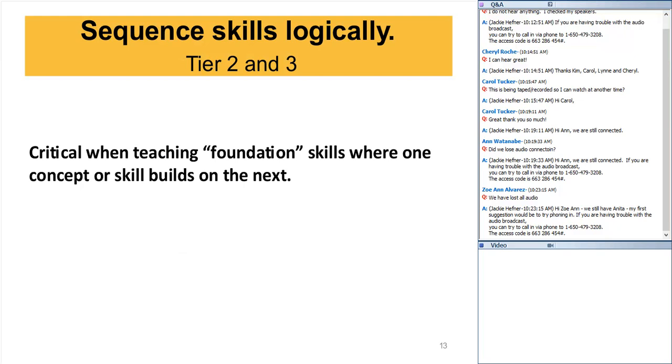And so in terms of logical sequencing, it appears to be really critical when we teach foundation skills. Foundation skills in reading, foundation skills in math, where one skill or concept builds on the next, builds on the next, builds on the next. So we can't do this one randomly, out of order.